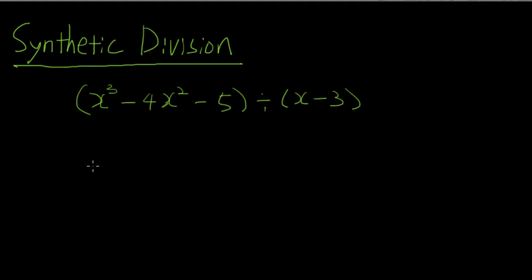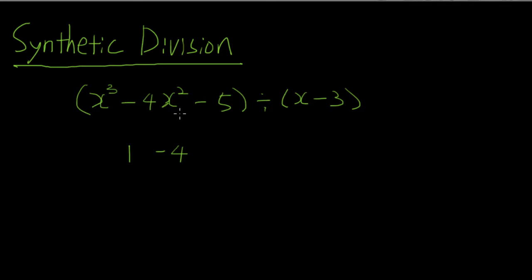Coefficient. So we are only going to deal with the coefficients. So what do we have in here? X to the third. Well, we have 1. What do we have in front of the x squared term? Well, we have negative 4, right? You write the number with the sign, right?